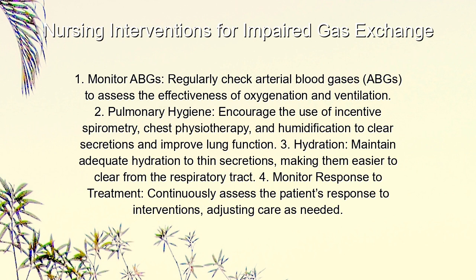Hydration. Maintain adequate hydration to thin secretions, making them easier to clear from the respiratory tract. 4. Monitor response to treatment. Continuously assess the patient's response to interventions, adjusting care as needed.